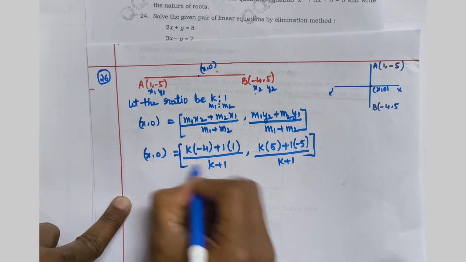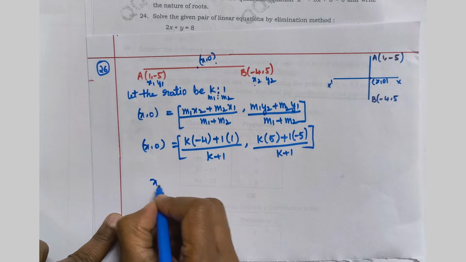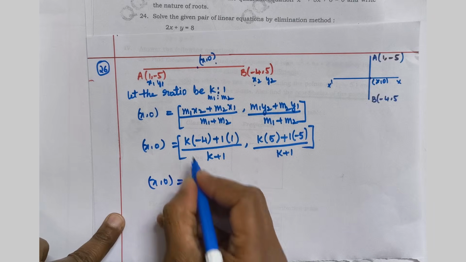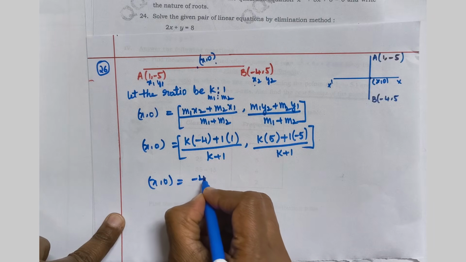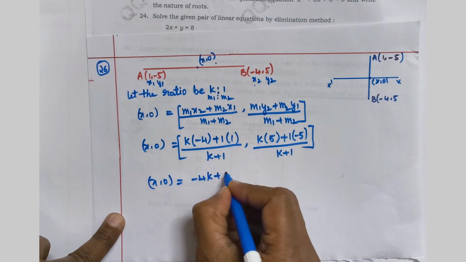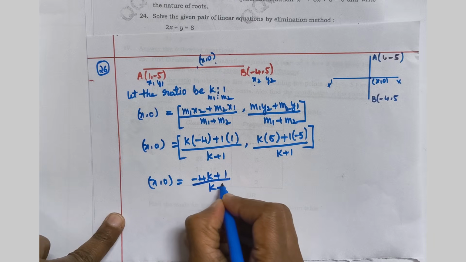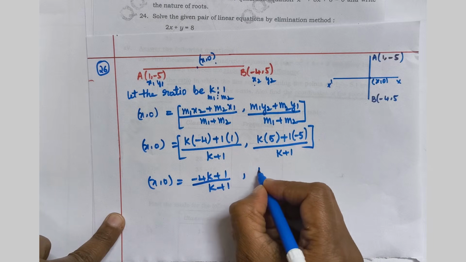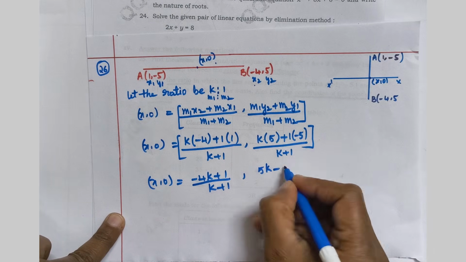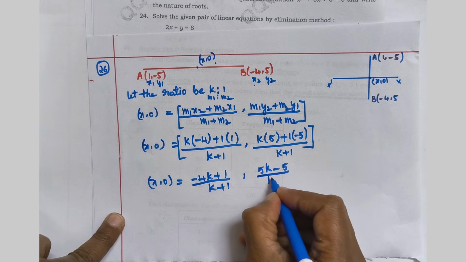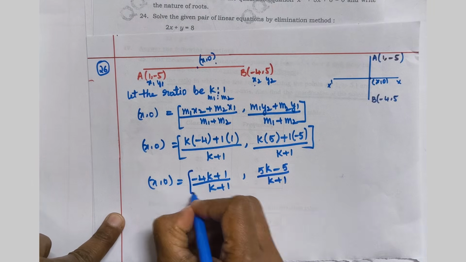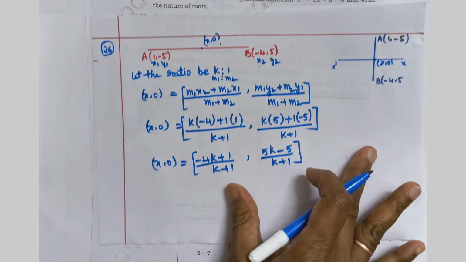Now any simplification chances we will see. x is equal to minus 4k plus 1 by k plus 1, and y is 5k minus 5 by k plus 1. Here there is no simplification chance.